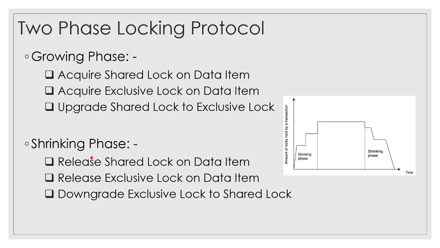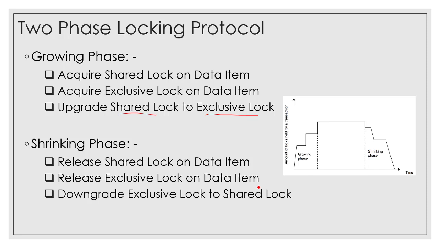In the shrinking phase, we can release the shared lock and the exclusive lock, and an exclusive lock can be downgraded to a shared lock. So upgrading of a shared lock to exclusive is done in the growing phase, and downgrading of exclusive to shared is done in the shrinking phase.